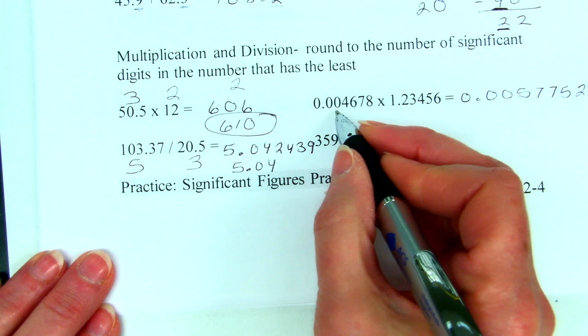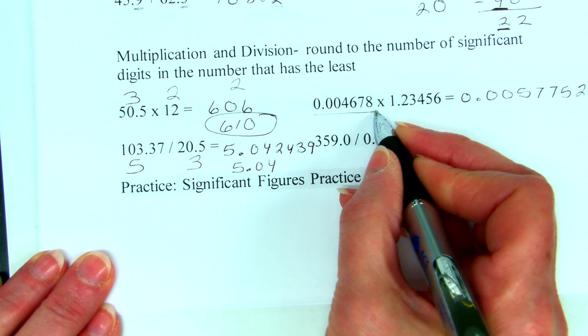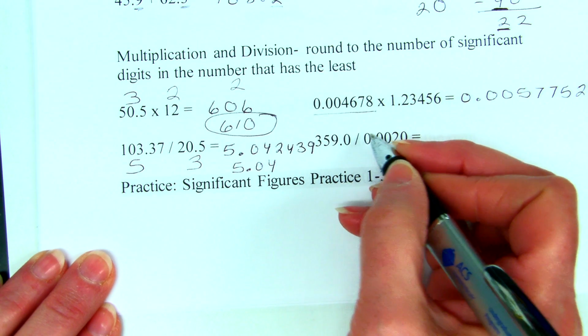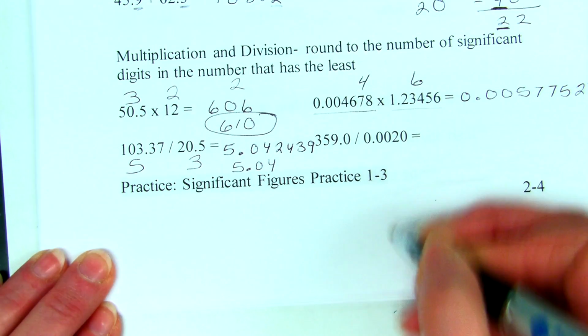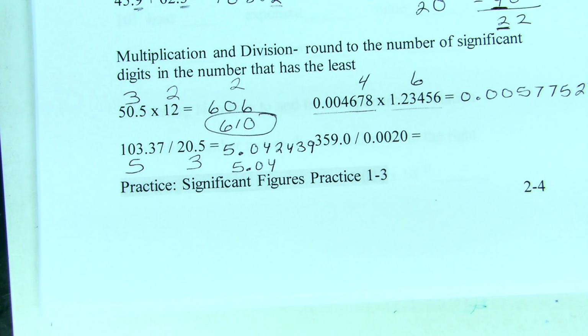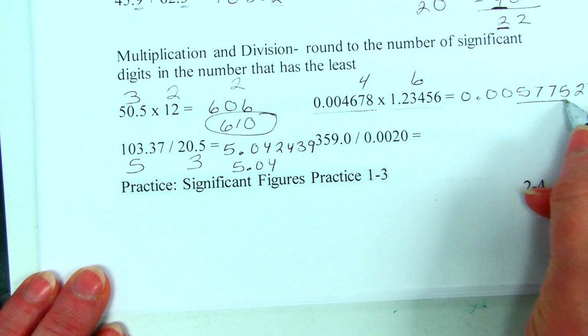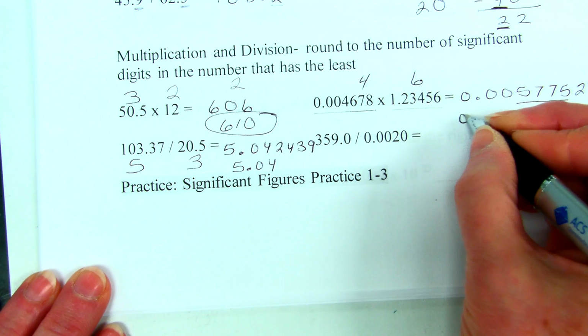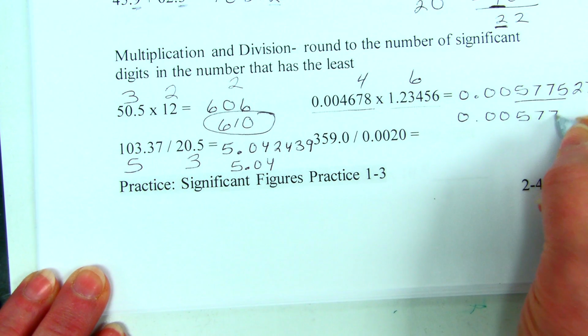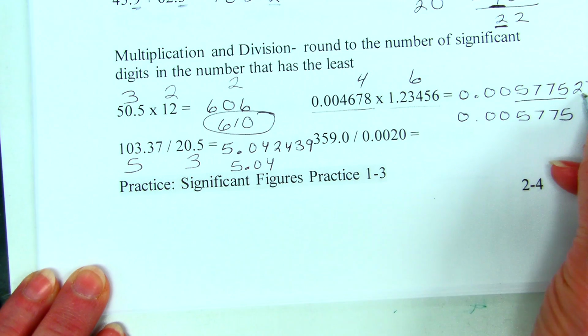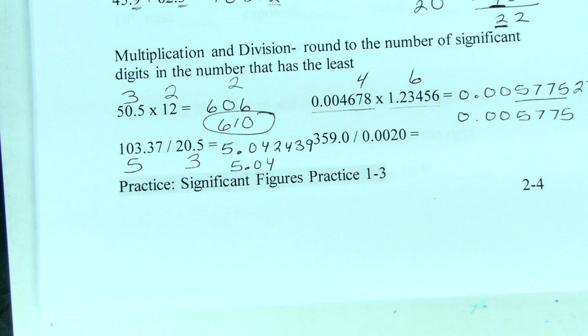So I have how many significant digits here? Class, 4. How many here? 6. What's smaller, 4 or 6? 4. So I can have 4 in my answer. So I would report 0.005775 because 2 is less than 5, so I round down.